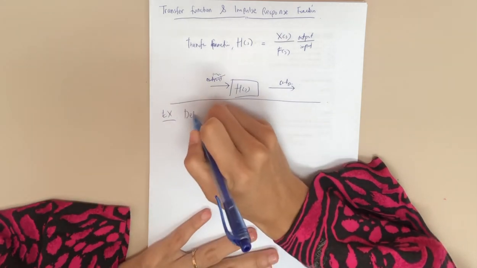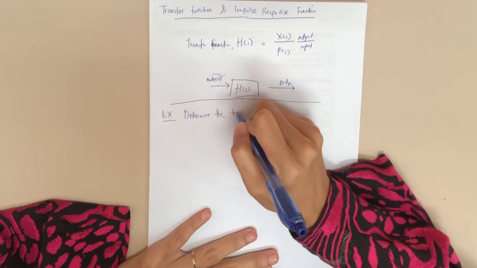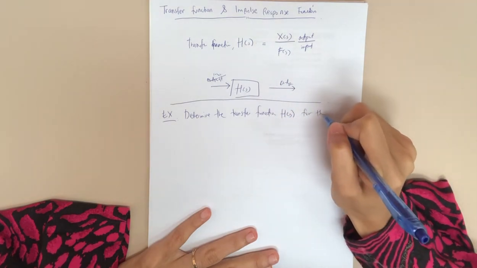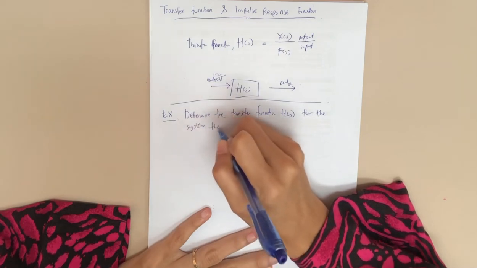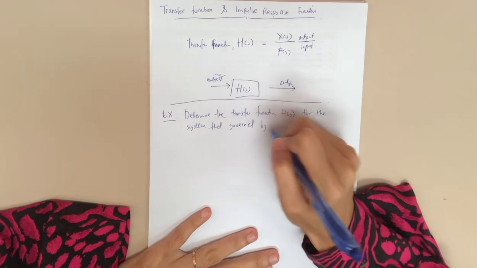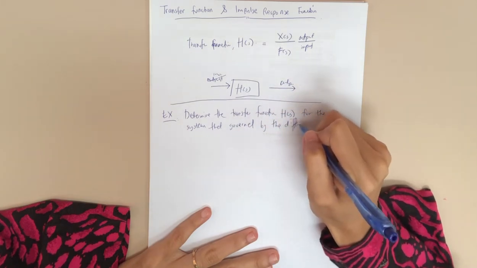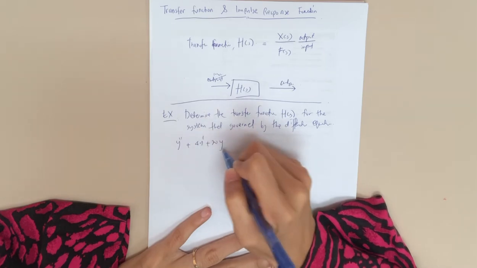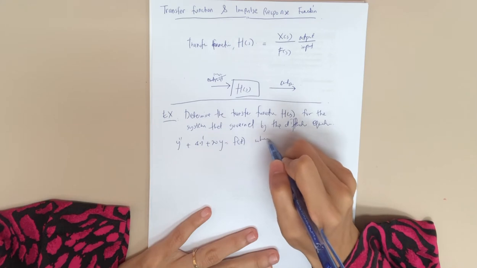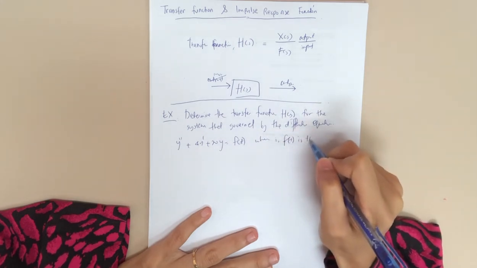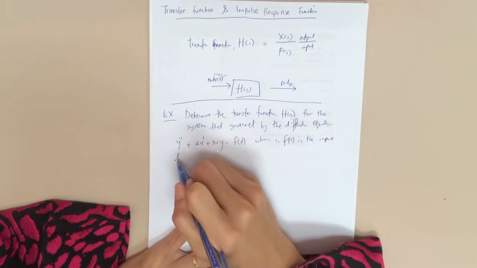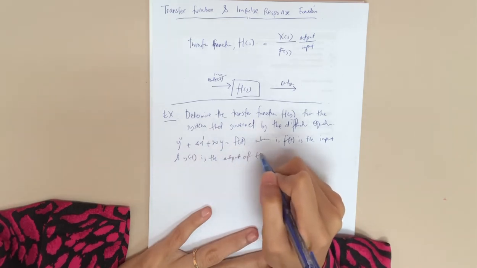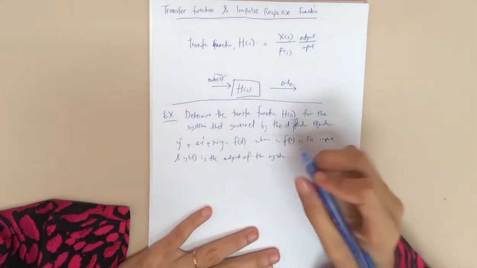The first question: determine the transfer function H(s) for the system that is governed by the differential equation y double prime plus 4y prime plus 20y equal to f(t), where f(t) is the input, and y(t) is the output of the system.